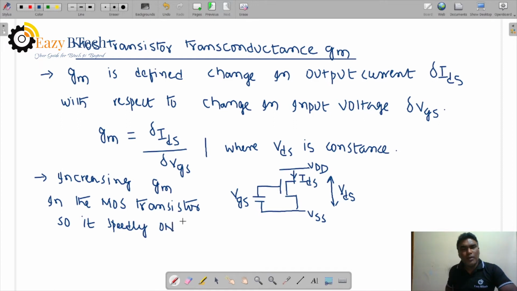On or off will happen very fast. That is the purpose of this transconductance.